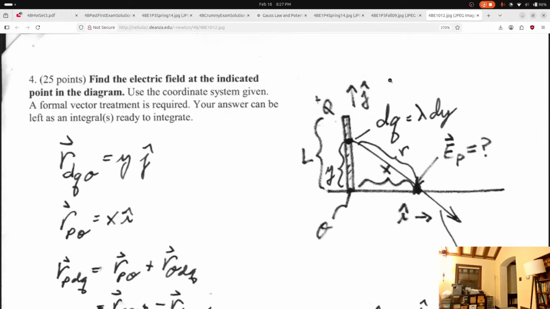Okay, so we're gonna have dQ here. Okay, so this distance, this is going to be y.